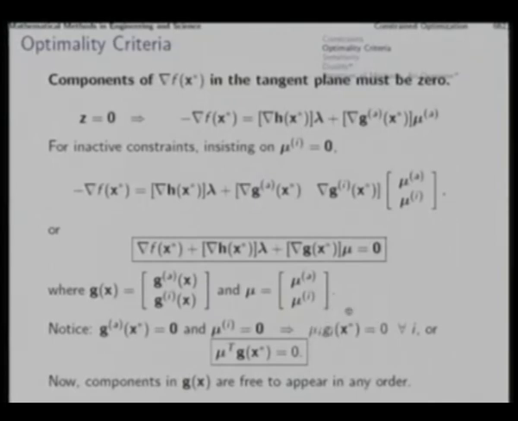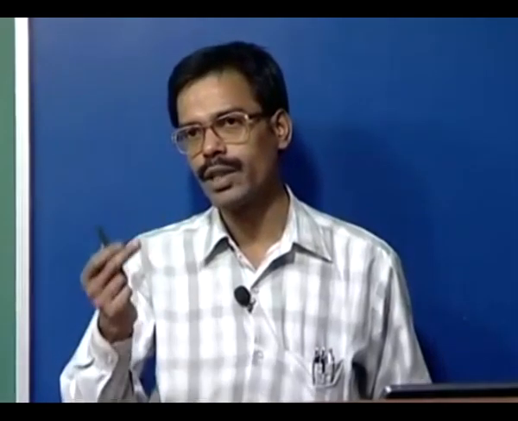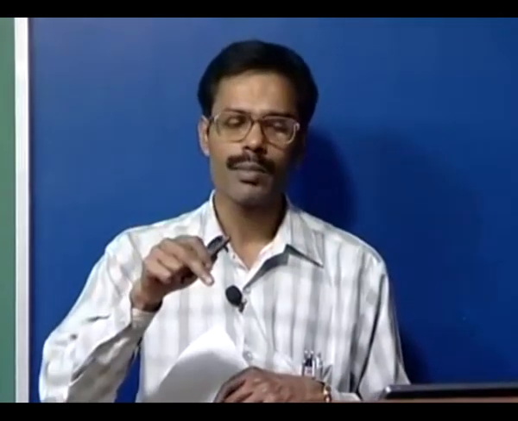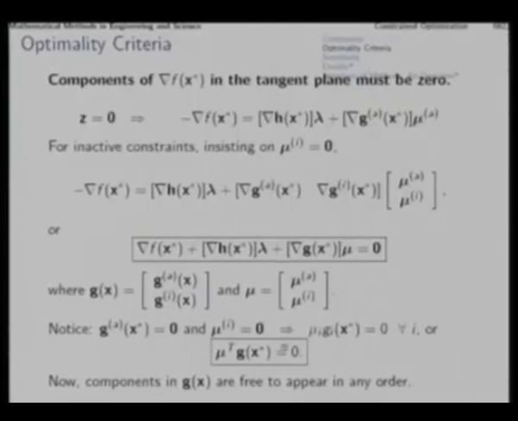That is called the complementarity condition between mu and G: for each I the pair mu I and Gi are complementary to each other. If one of them is non-zero, the other one must be 0. Together you can write it like this also, that the sum of mu I Gi is 0.